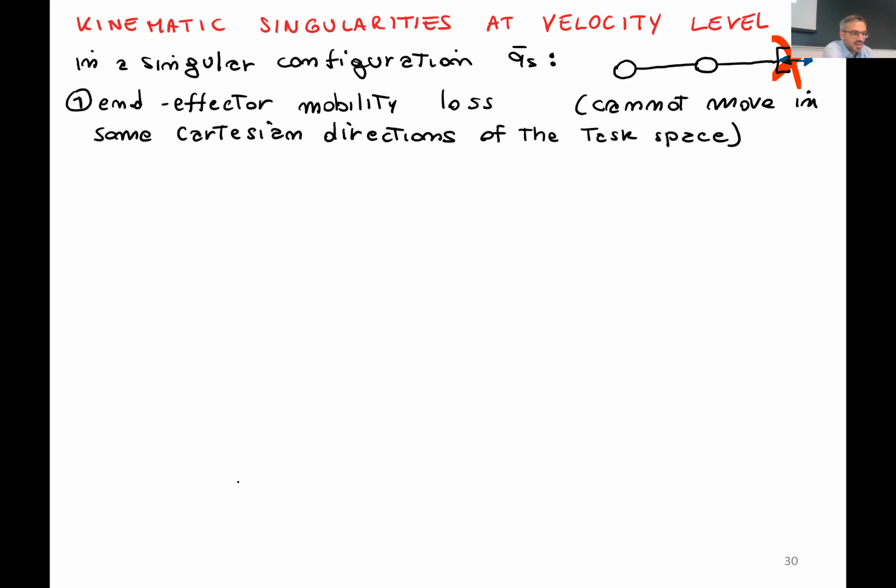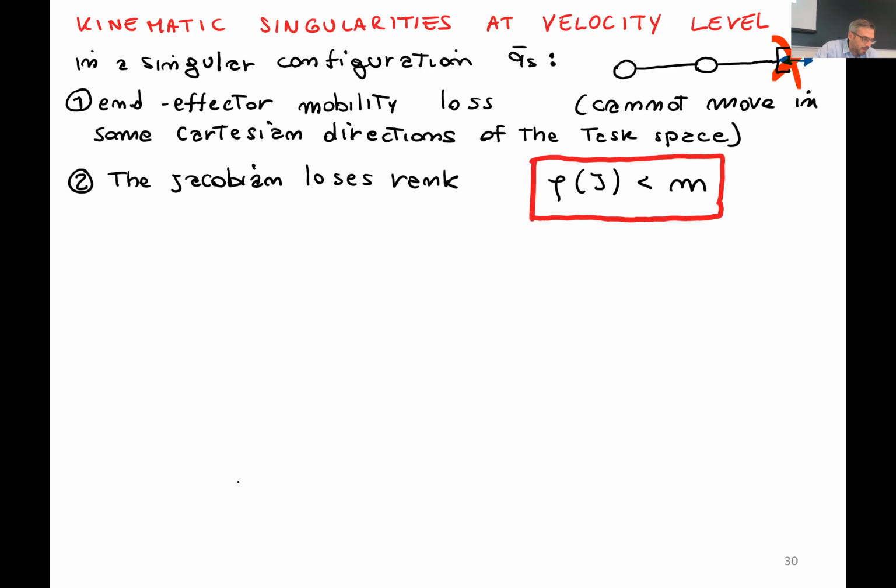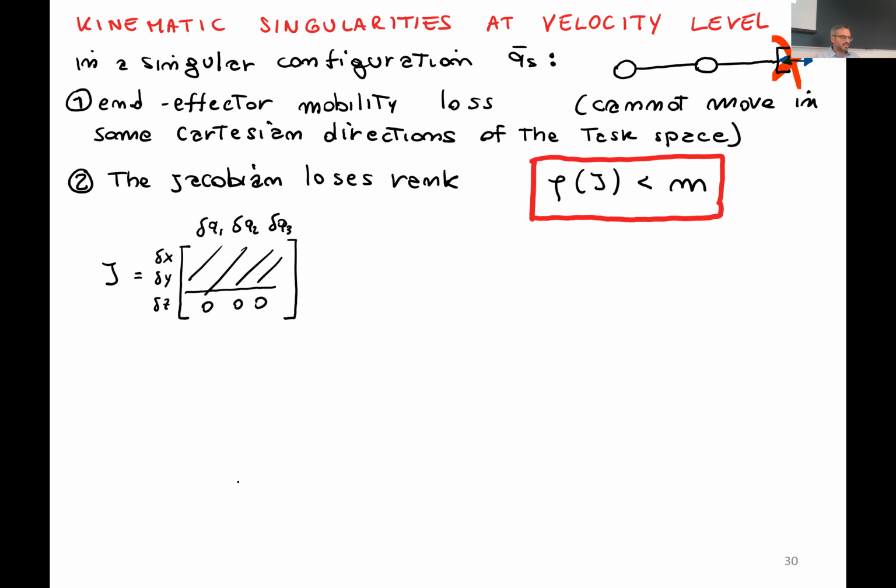If J is linking the end effector velocity to the joint velocity, then we consider the end effector analysis. Mobility loss means that we cannot move in some Cartesian direction of the task space. Related to that, we have a reduction of the rank of the matrix, which is no longer the size of the task space but smaller than that.